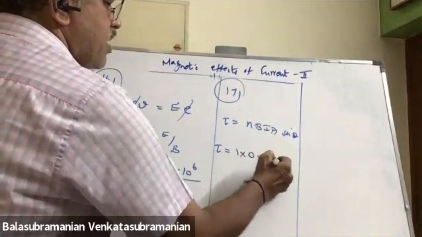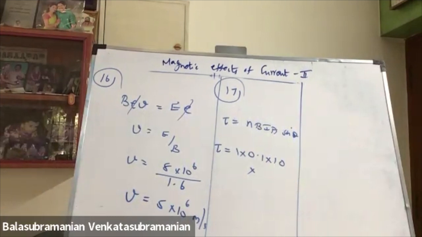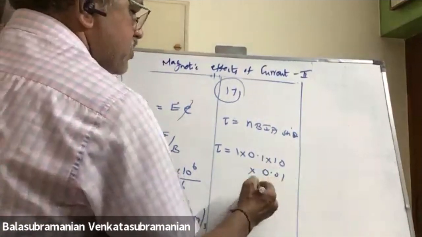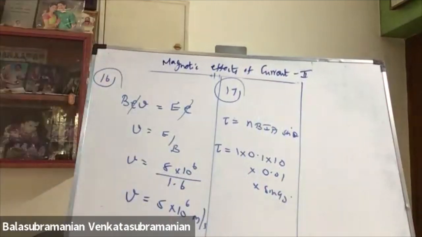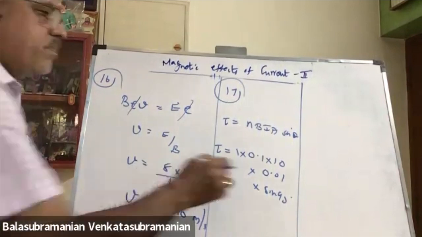Area value 0.01 meter square. Sin 90, because in the question it is held perpendicular to the magnetic field. That is a concept.